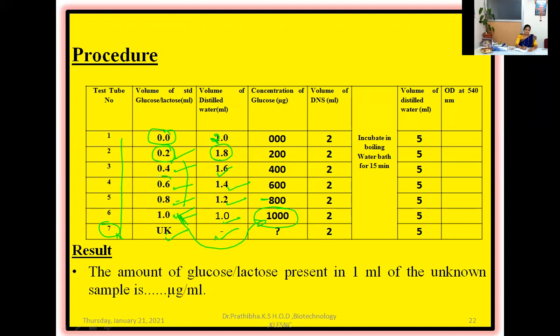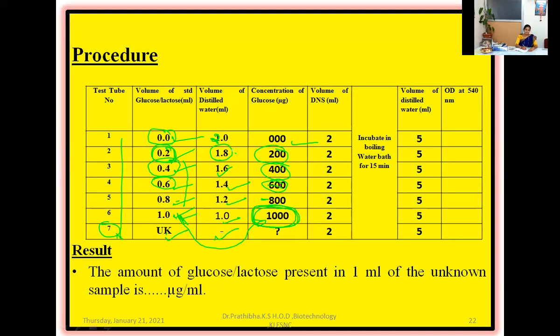In 0.6 ml of glucose, we have 600 microgram. In 0.4, we have 400 microgram of glucose, and in 0.2, we have 200 microgram of glucose, whereas the first one is a blank, so you have the concentration 0. So in this particular DNS method, per ml, you'll be using the 1000 microgram concentration.